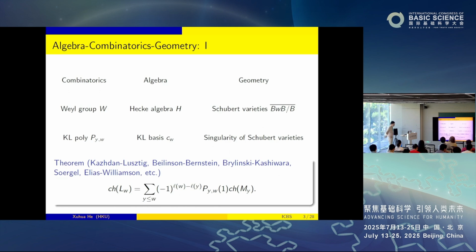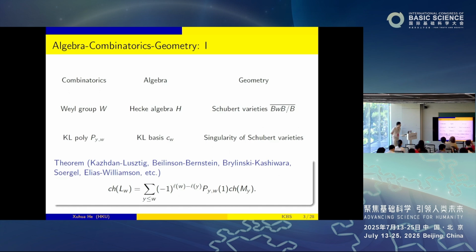In combinatorics, we start with the Weyl group, for example S_n. If you deform the group algebra, you get a Hecke algebra. What this reveals in geometry are the Schubert varieties, BwB modulo B in the flag variety, indexed by the Weyl group elements.